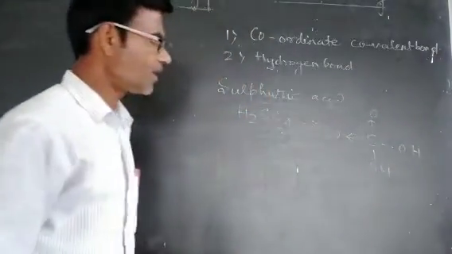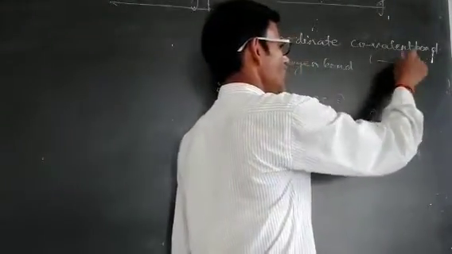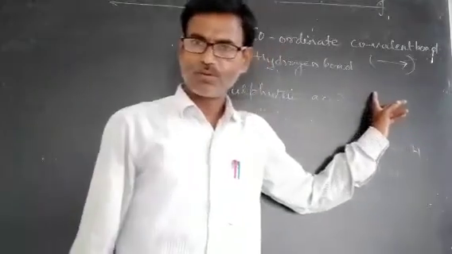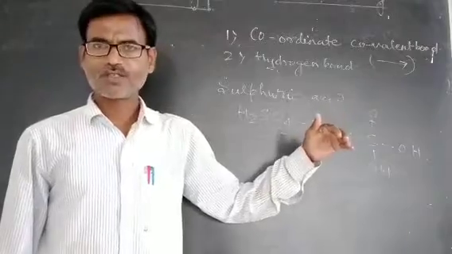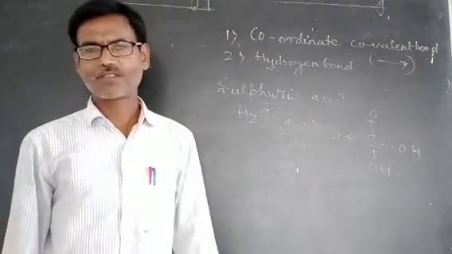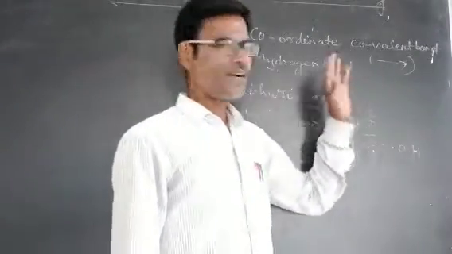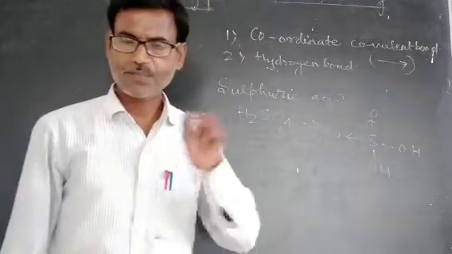Coordinate covalent bond is represented by an arrow, with the arrow pointing towards the shared pair of electrons, from the atom that contributes the electrons.